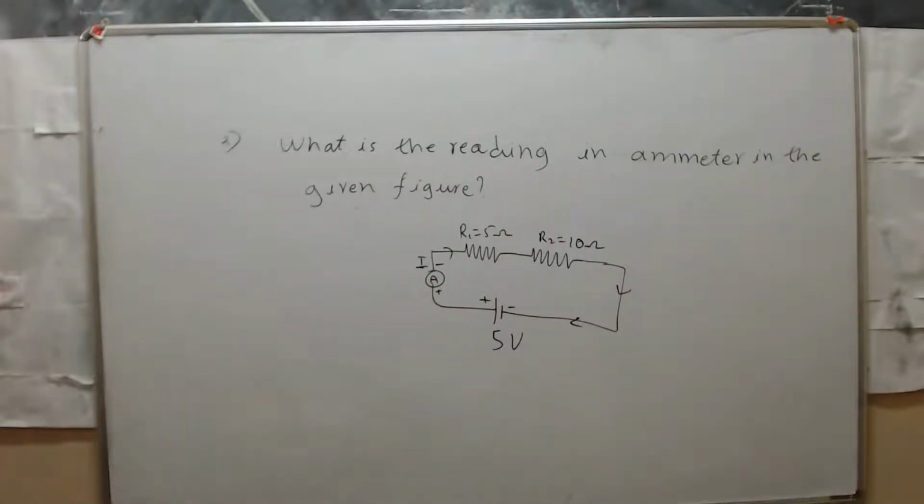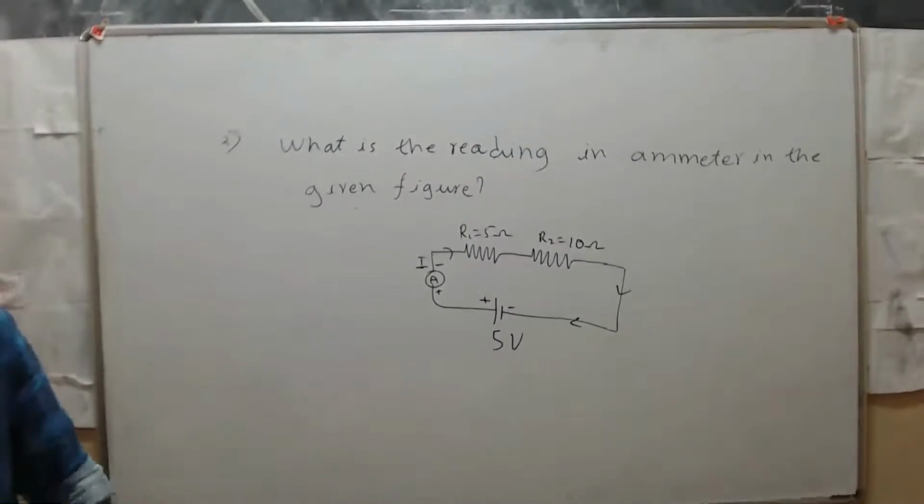Yes, what is the current in the circuit? Yes, three students answered. Nandini Power, your answer is 0.33 A. Sampath Kumar, 0.33 A. And Anu Sangeet, R1 is 1.5 volt. First calculate the current, okay? Naresh Joshi, 0.33 ampere.